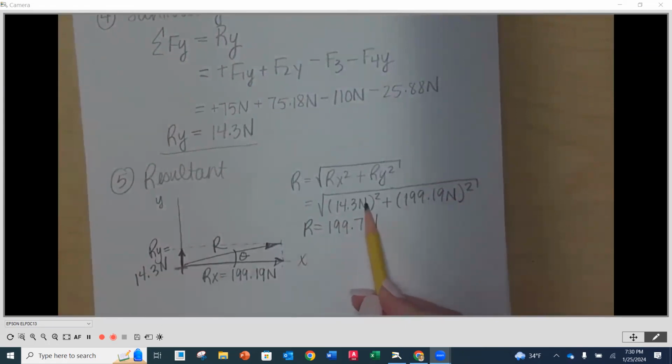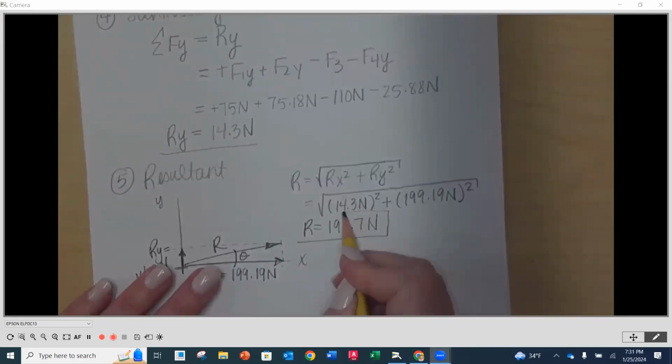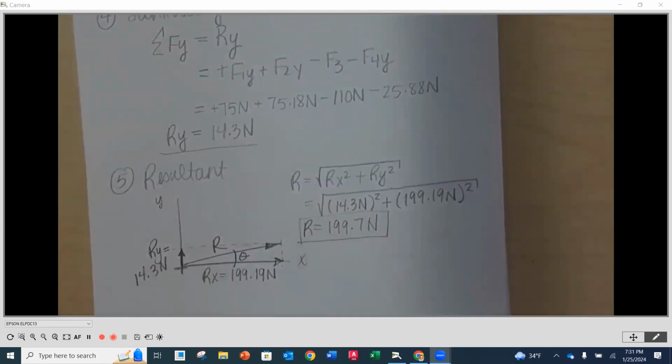When we square the newtons under the radical, it's going to be newtons squared. And then when we take the square root, the newtons squared becomes newtons. So this is the magnitude of our resultant.